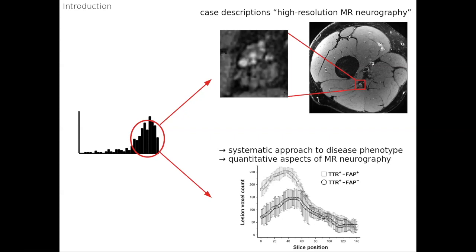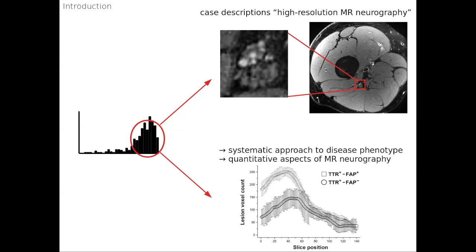Okay, sorry. So here we see the publication of the evidence in the last 10 years. We see kind of two different approaches that have been taken. On one side, we have more kind of case descriptions using MR-neurography or high-resolution MR-neurography.